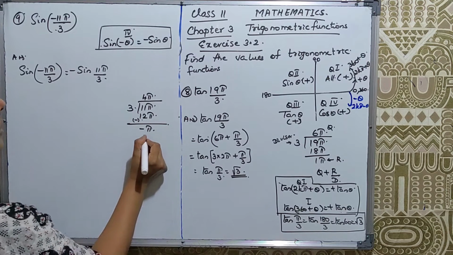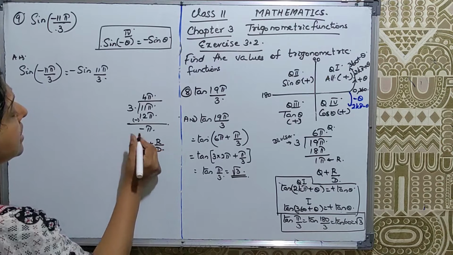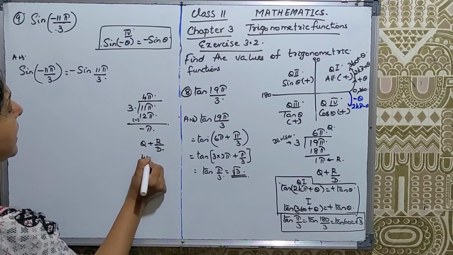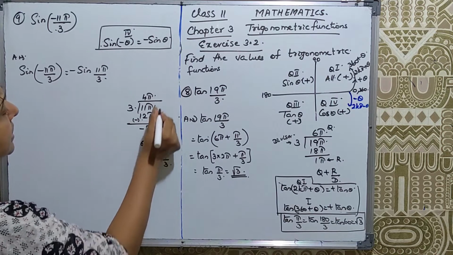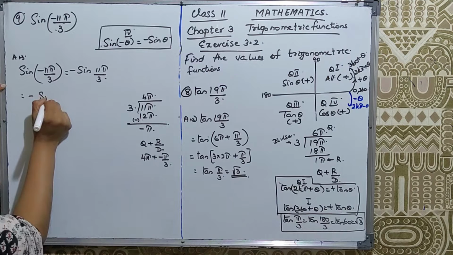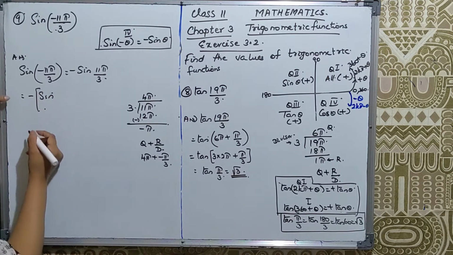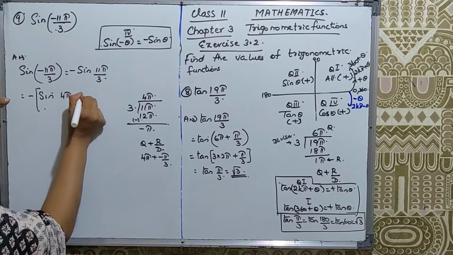So again I'll use the property quotient plus remainder by divisor. Quotient is actually 4π plus remainder is minus 1π divided by 3. That property I'll use. So it will be equal to minus sin, minus is already there, 19π/3 I'll write as 4π minus π/3.